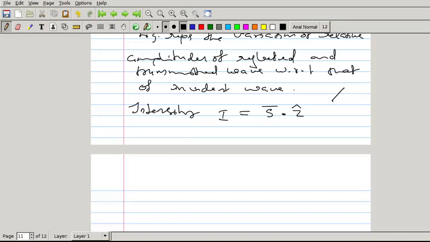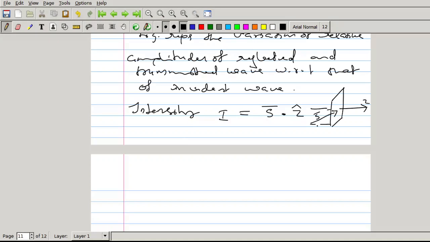The interface is like this, and its normal direction is the z direction, but our wave is incident like this. So vector s is along the direction of propagation. Take the component of this s along the z direction. This component of s along the z direction gives the energy propagated normal to the surface. That will give the intensity. Intensity is energy propagating per unit area per unit time normal to the surface. That's why we are taking s dot z.